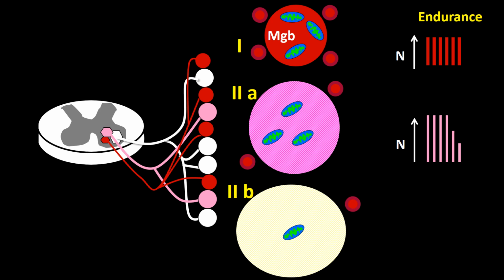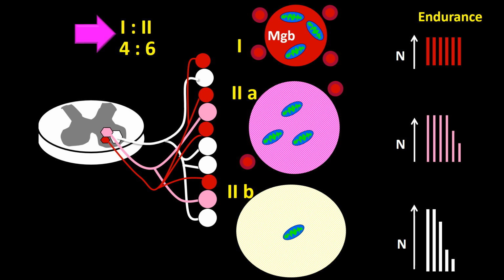Capillary density is low. Endurance, that is resistance to fatigue, is also low, but the force produced by them is very high. Most human muscles have a mixture of type 1 and 2 fibers in a proportion of 4 type 1 to 6 type 2.